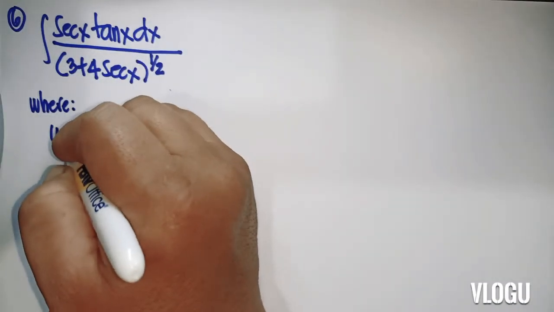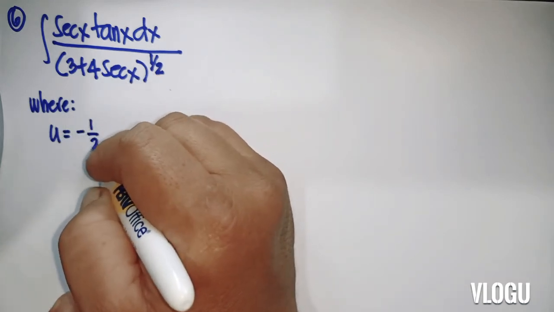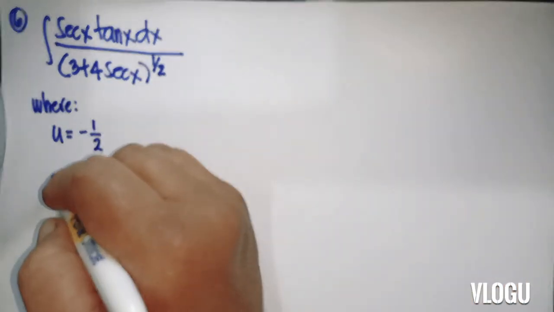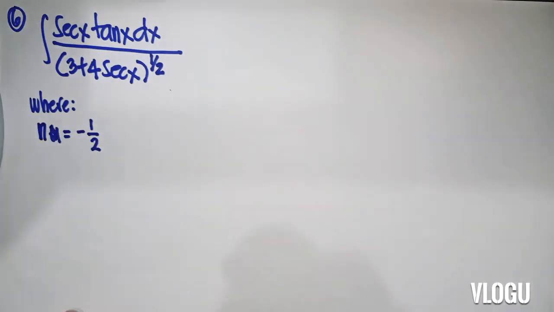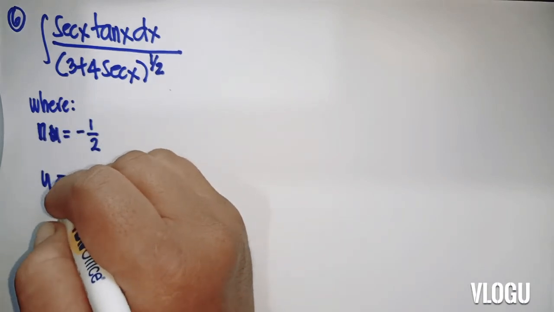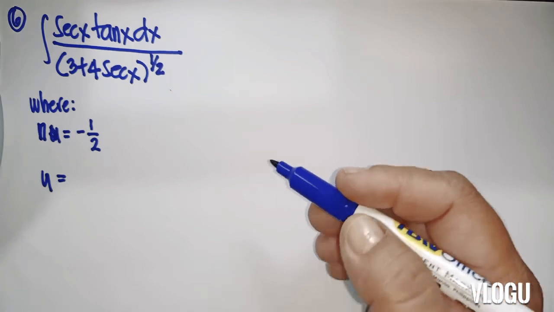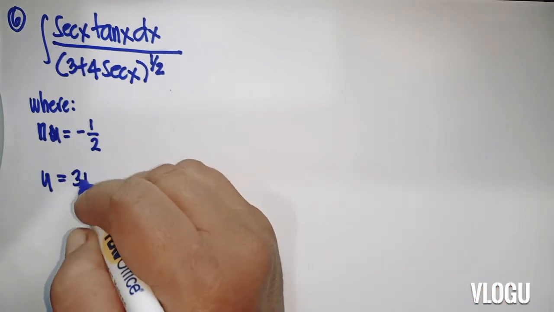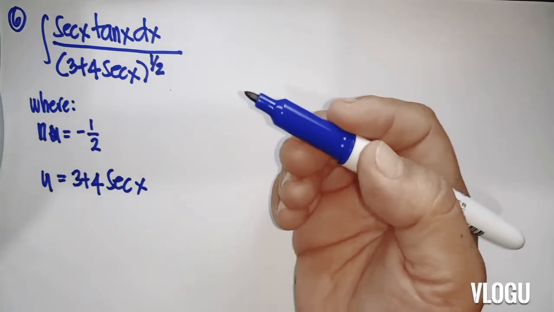Where n is equal to negative 1/2. U is equal to 3 plus 4 secant x.